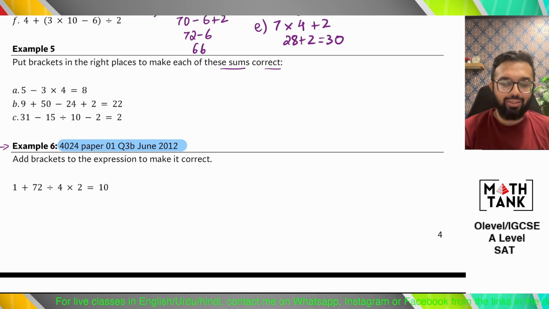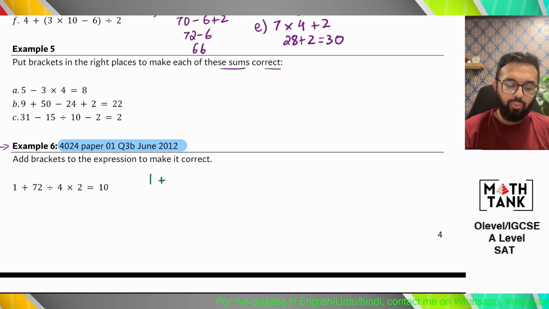Now there's no set way of doing this question. You have to use a bit of trial and error and come up with sort of mental calculations of what could have been the case that it divided and then multiplied and so on, and you sort of got to the correct answer.